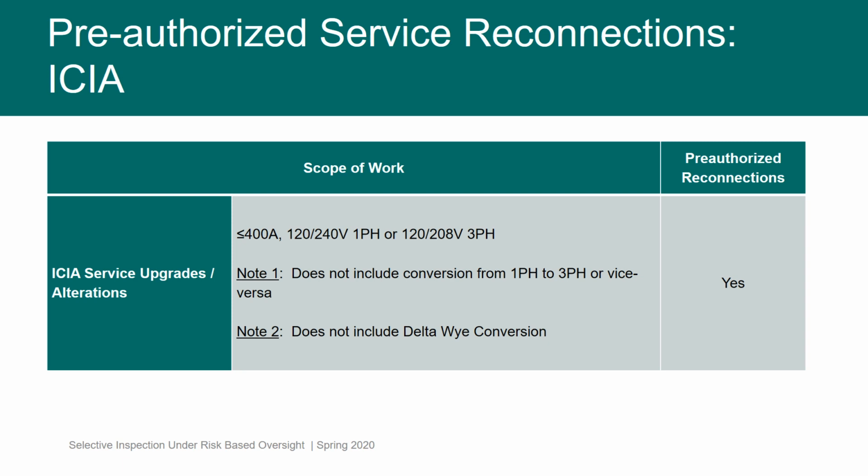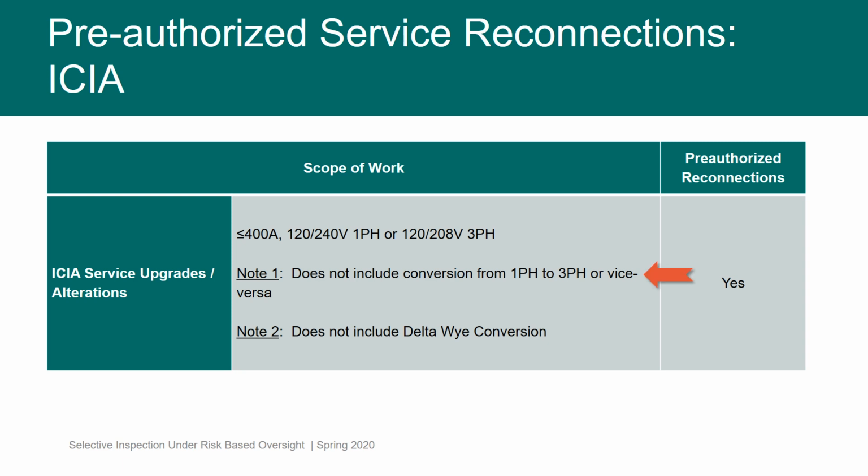The next topic is industrial, commercial, institutional, and agricultural, or ICIA, pre-authorized reconnections for service upgrades and alterations. ICIA work with less than or equal to 400 amps, 120/240 volt, 1 pH, or 120/208 volt, 3 pH qualifies for pre-authorized reconnections.